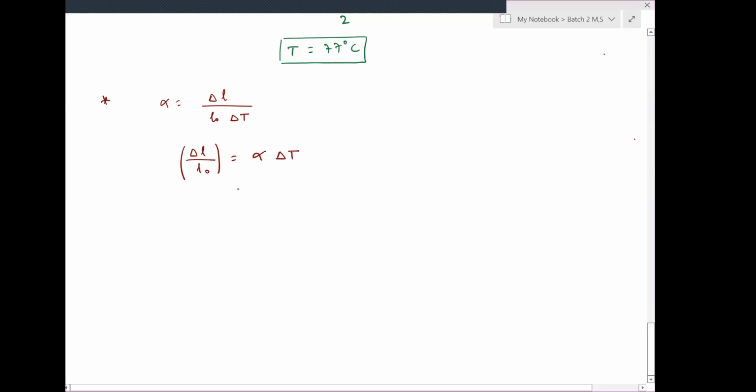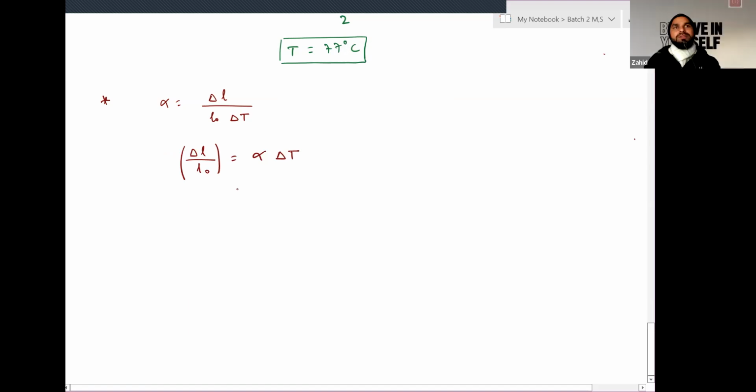Bulk modulus. No, that was the ratio of volumetric stress divided by volumetric strain. This is the ratio of change in length divided by its original length, or you can say it is the ratio of deformed shape to the original shape. So this is called strain. And since this particular strain is due to change in temperature, we can write it as thermal strain. Is it clear? Yes, sir.